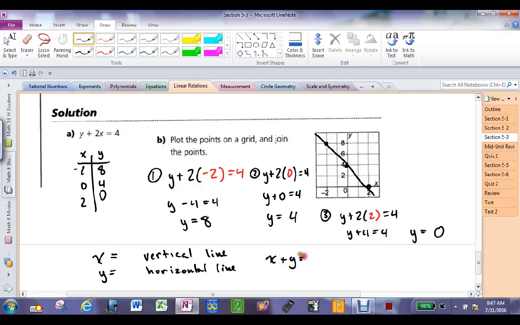And y equals, new word, it's not diagonal. In math, it is an oblique line, which is the math word for it, but what does it really mean? Diagonal.